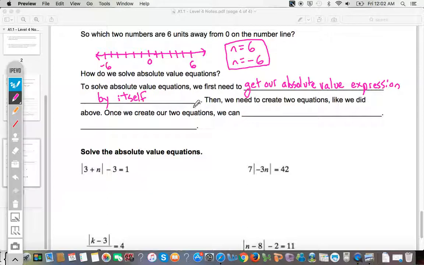So once we create our two equations, we can get rid of the bars and solve for the variable. Okay? Again, pause the video if you need to.